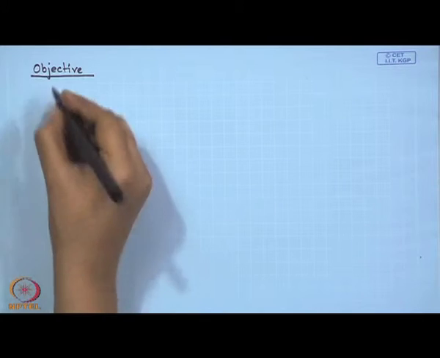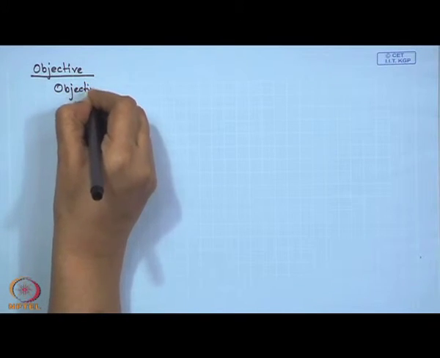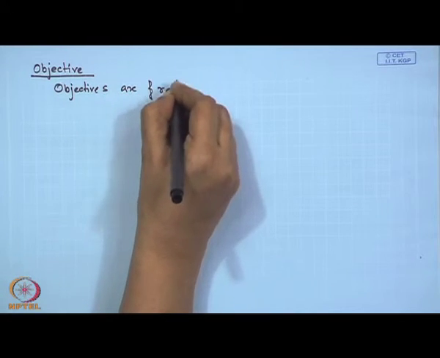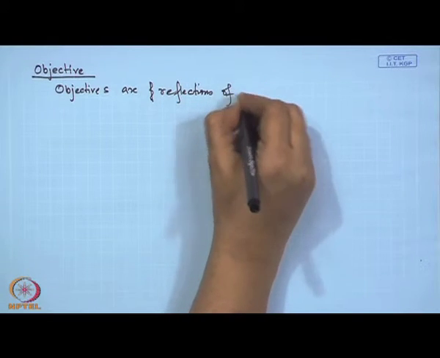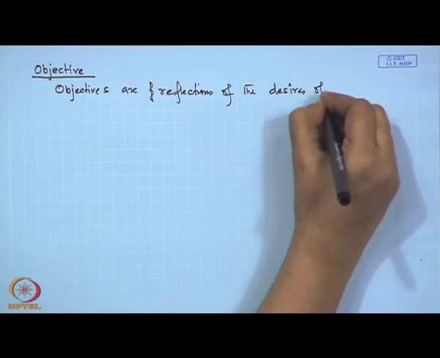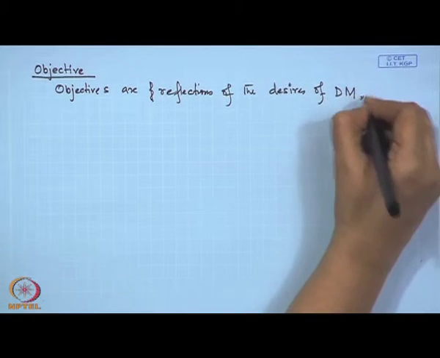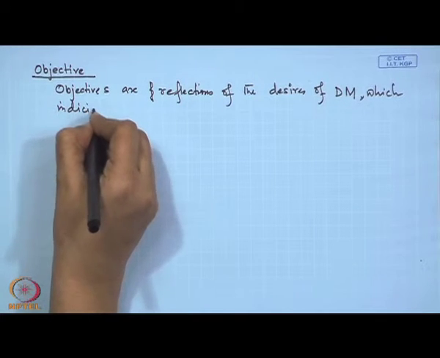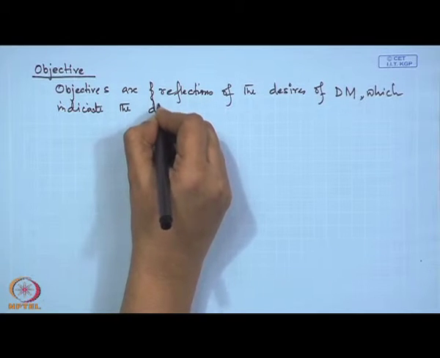If I write down the formal definition of objective functions, I should write it this way: objectives are the reflections of the desires of the decision makers, which indicate the direction to do better.